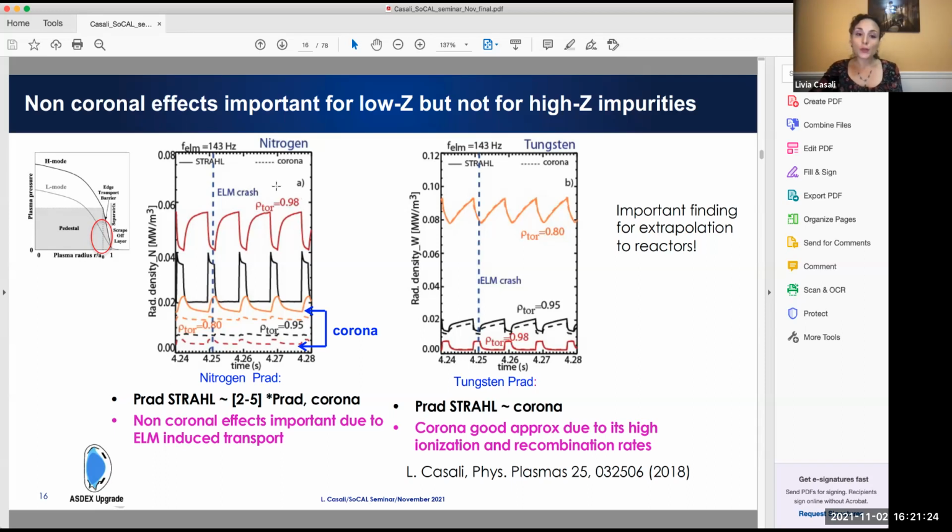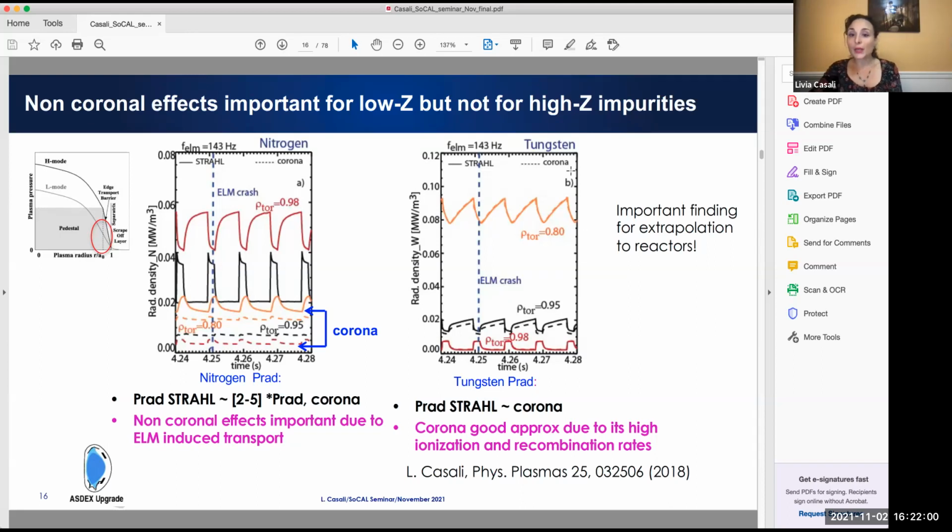I'm showing time traces for nitrogen on the left and for tungsten on the right, at different radial positions inside the pedestal, at the very edge of the pedestal, in dash for coronal equilibrium, and in solid for what is calculated by STRAHL. And so what we can see is that there is a difference of a factor between 2 and 5 between the radiation given by STRAHL and the one given by coronal equilibrium, showing the importance of these effects.